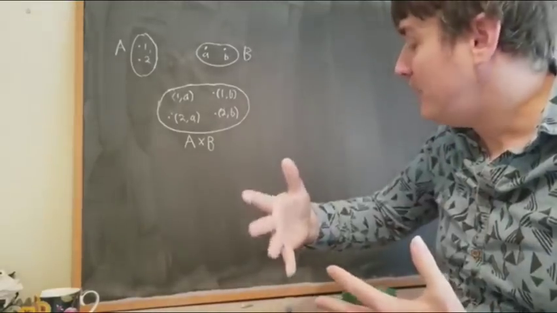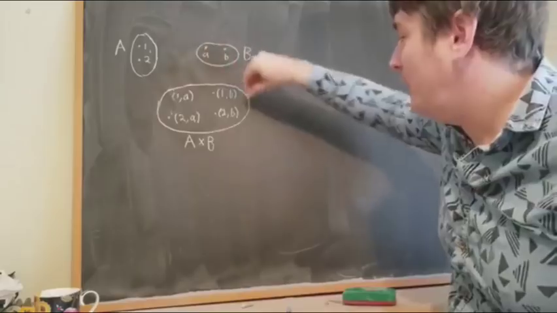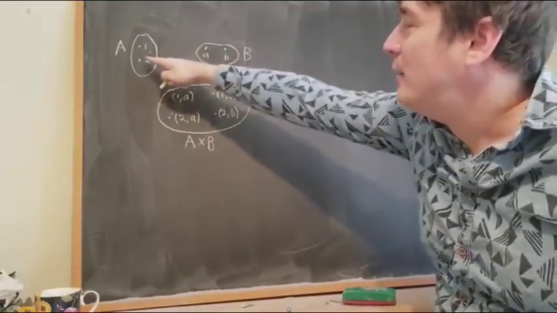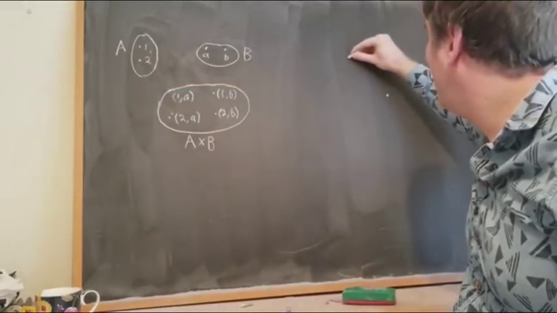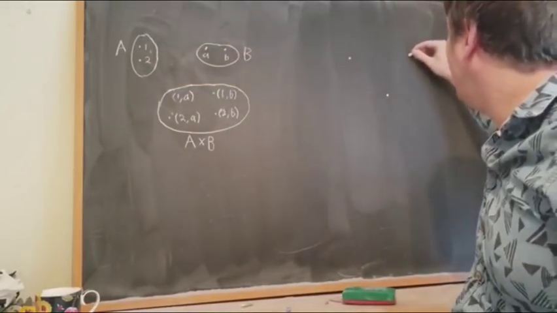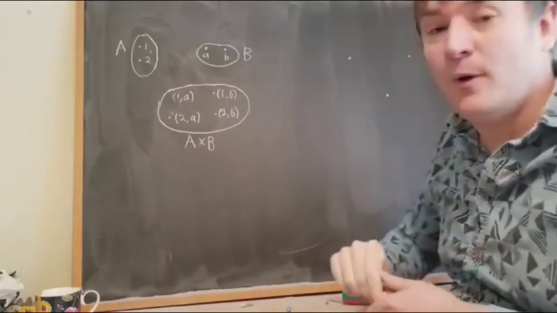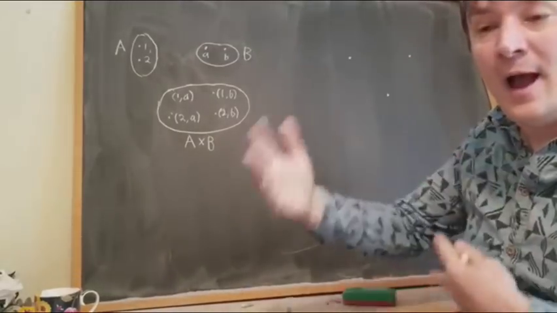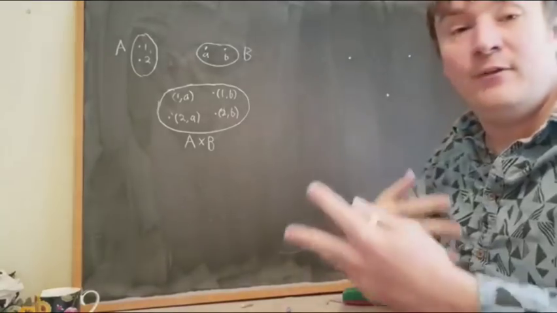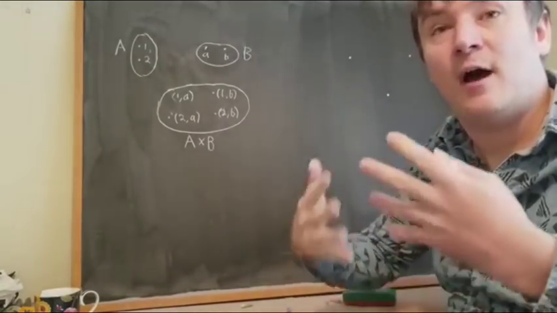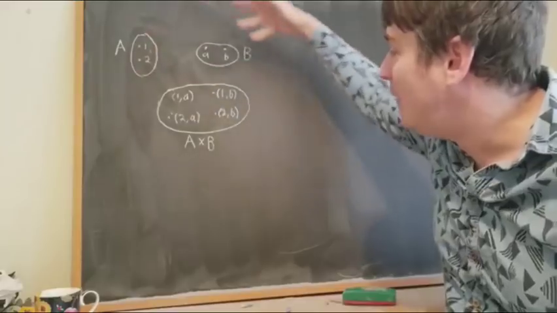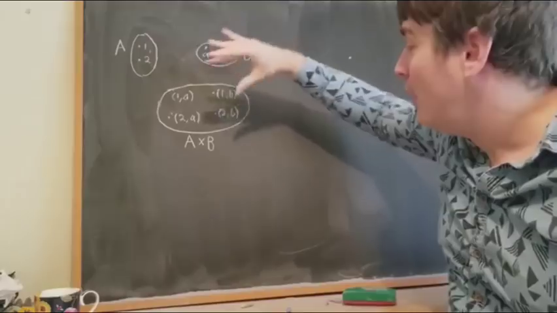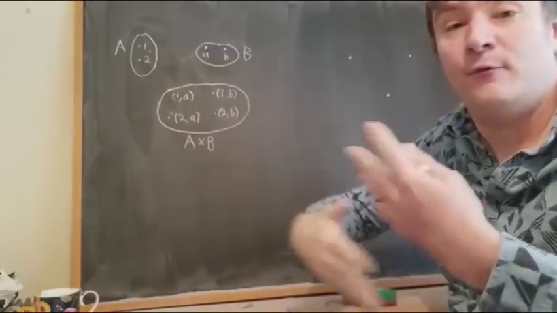In category theory, this set here is just an object. Just think of it like a dot. And this is another object, and this is another object. So how can we identify this object in terms of the arrows in this category Set? Now these arrows in the category Set are functions, so let's think about the functions involved with these things and see if we can pick out the nature of this thing in terms of functions.